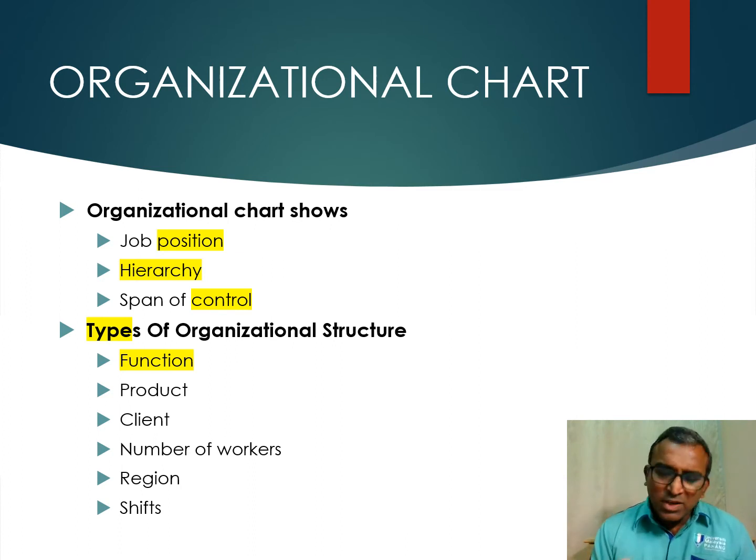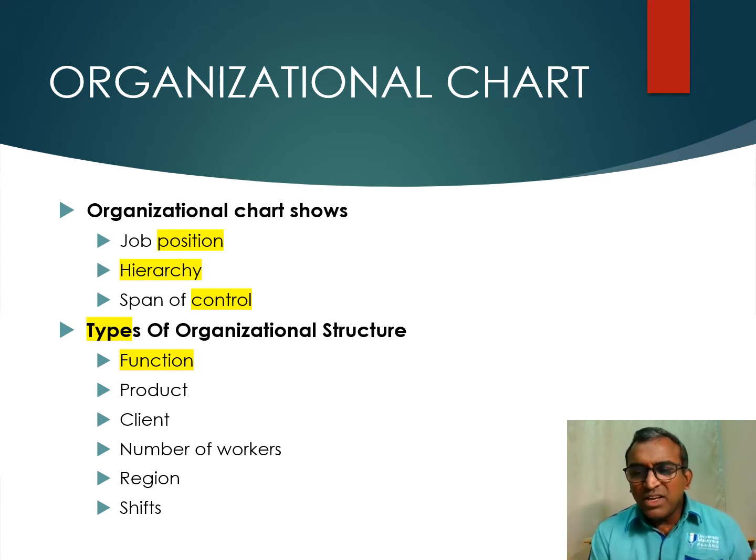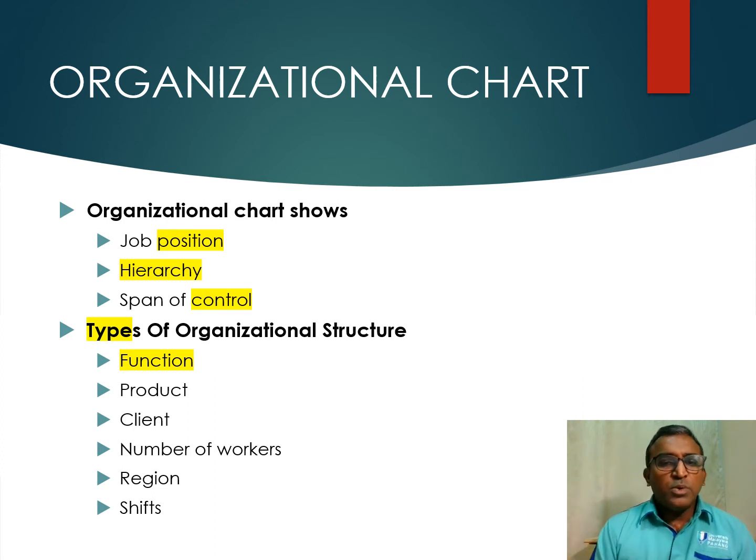Okay, and I highlighted function because that's the one normally most commonly found. You can go to many companies, and definitely on their website they will have org charts, then you can compare. So function is one of those popular ones. Let's look at each one in the following slides to come.